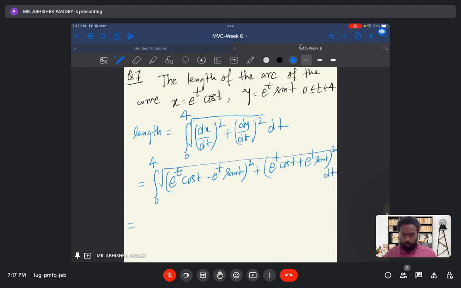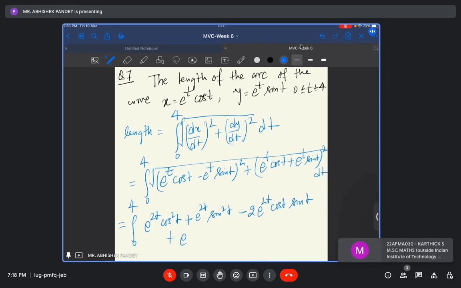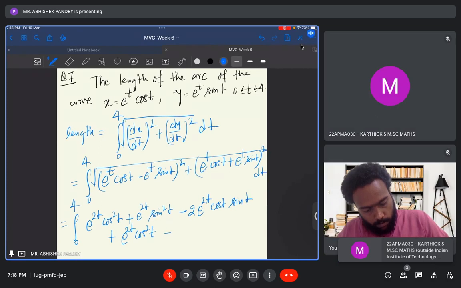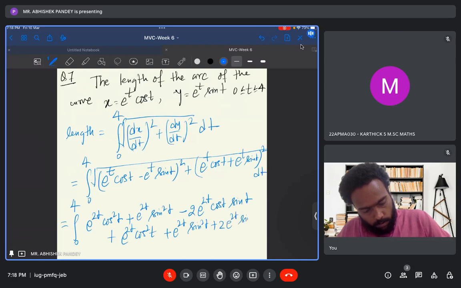Okay, this will be the integral from 0 to 4 of e to the power 2t cos square t plus e to the power 2t sin square t minus 2 e to the power 2t cos t sin t, plus again e to the power 2t cos square t plus e to the power 2t sin square t plus 2 e to the power 2t sin t cos t, dt.